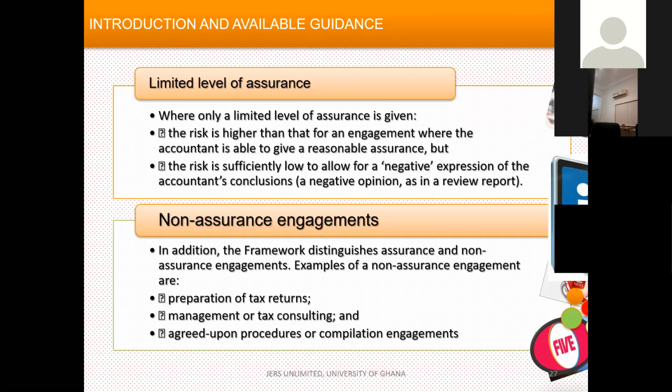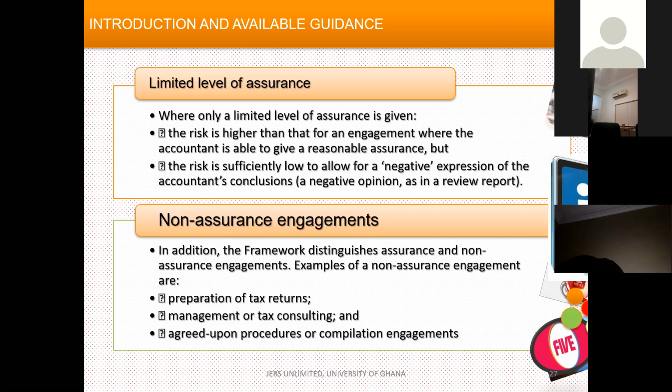It means that you give a limited level of assurance where the risk is higher than that for an engagement with reasonable assurance. Sorry, let me get my thoughts together. A limited level of assurance simply means the assurance that is obtained and provided by the auditor in an assurance engagement is limited.